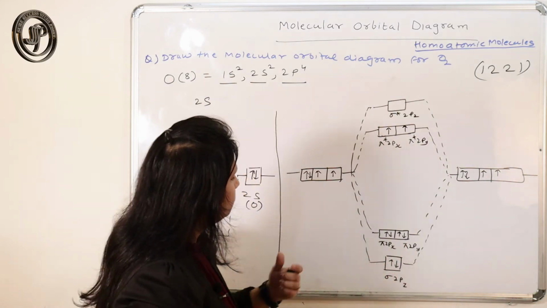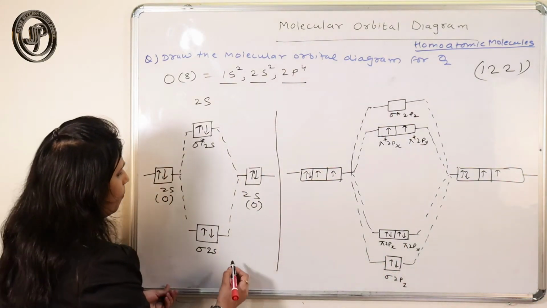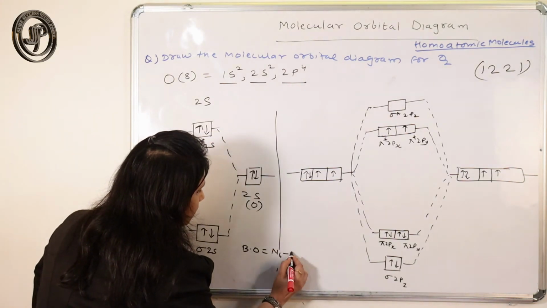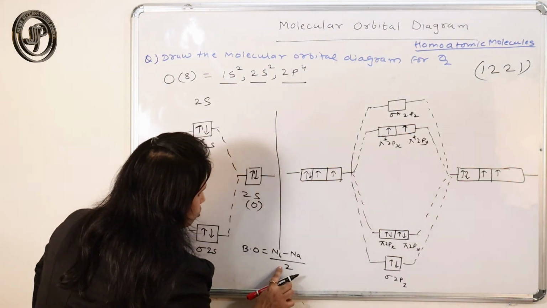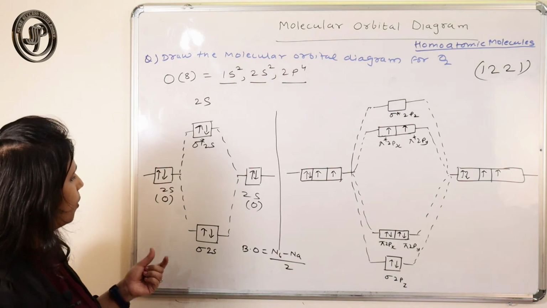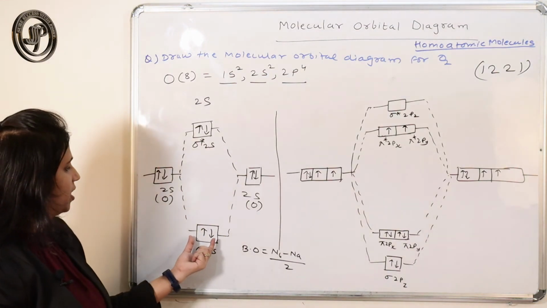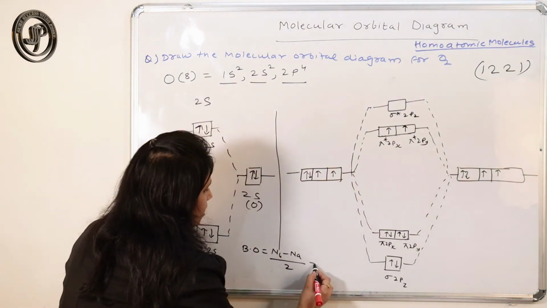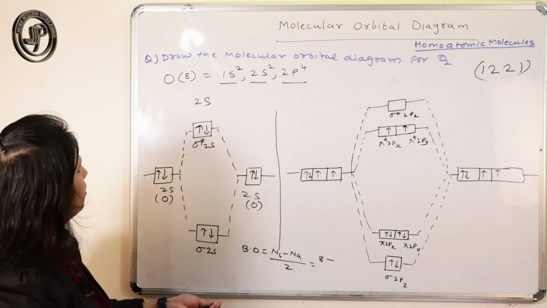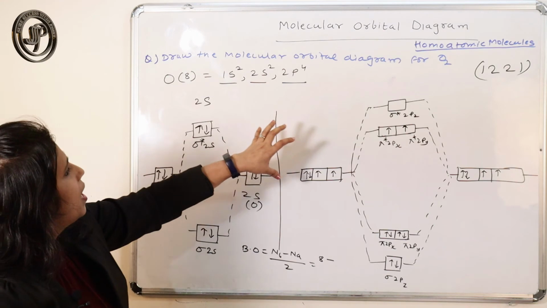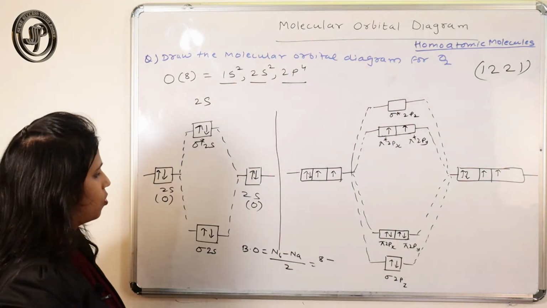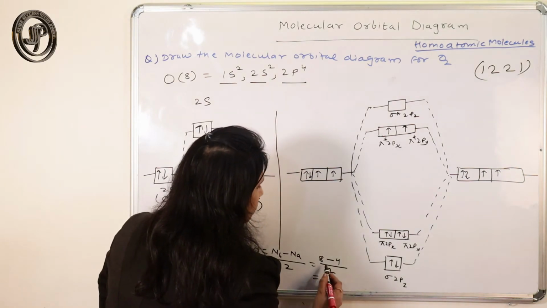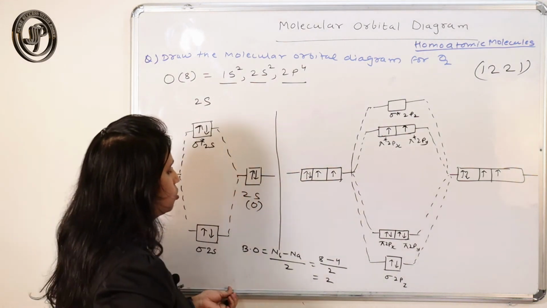If you need to find the bond order, just check NB minus NA by 2. How many electrons are in the bonding? Here 2 and here 6, so total 8 electrons in the bonding. In anti-bonding, here 2 electrons and here 2 electrons. So 4 electrons, 4 by 2, which is equal to 2.